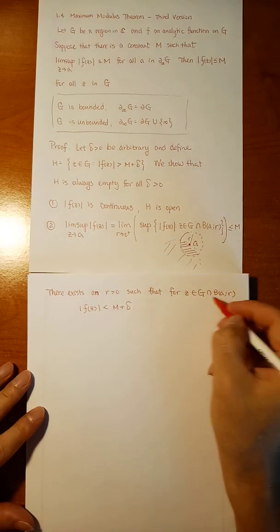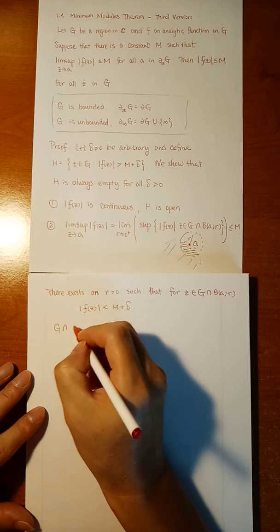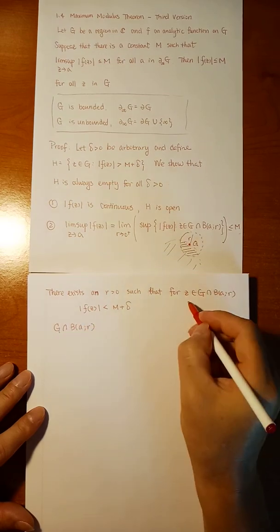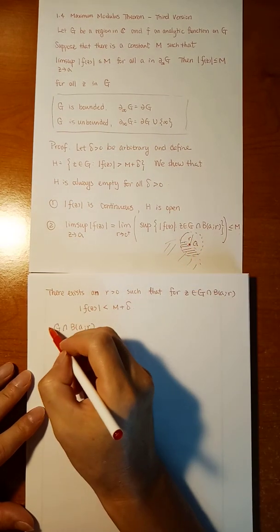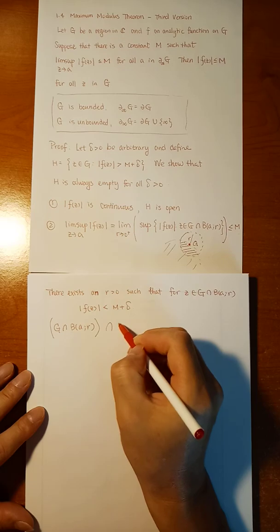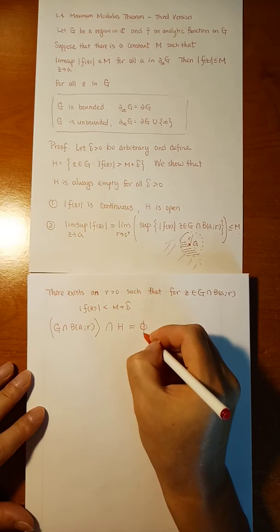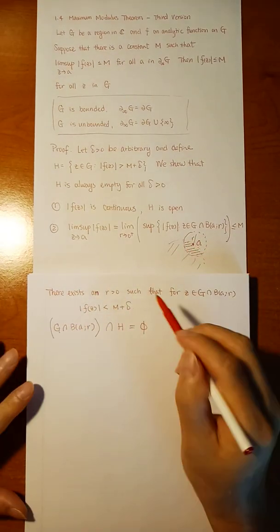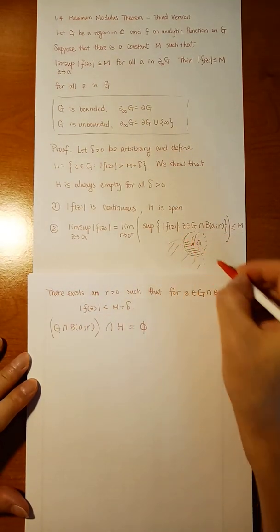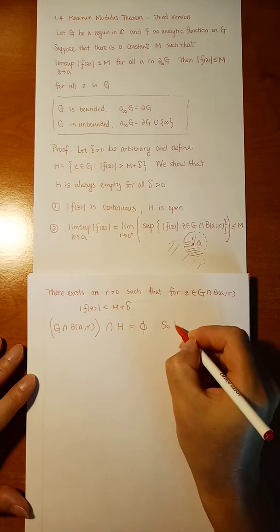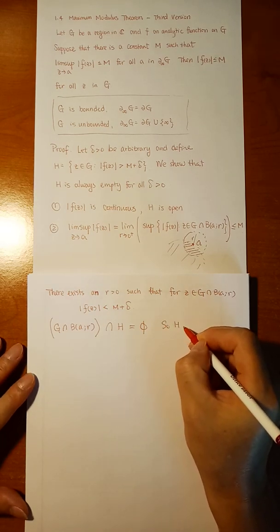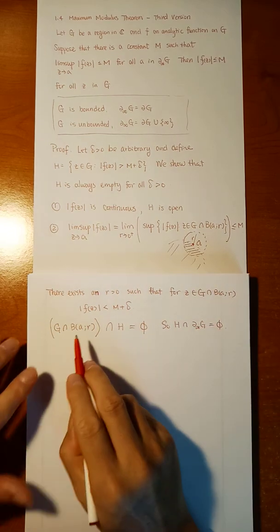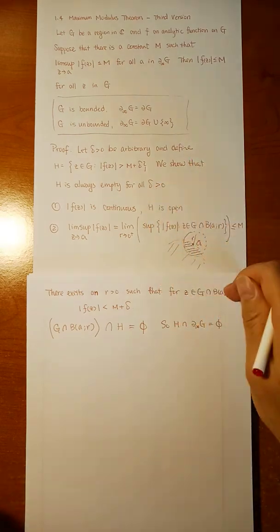So it means this whole set, this shadowed region, G intersect the ball, intersect H is empty. What is H? H is greater than; this is less than. So it means this H does not touch the boundary. So H intersect the extended boundary is empty, because a is a random point from the boundary.